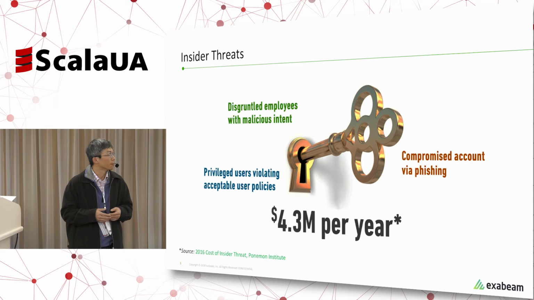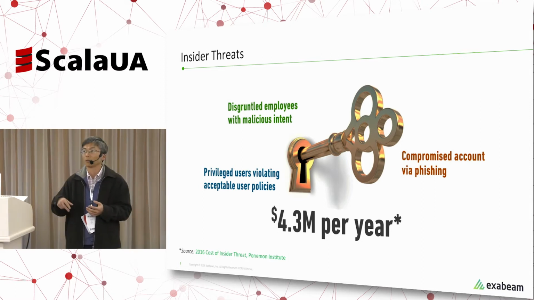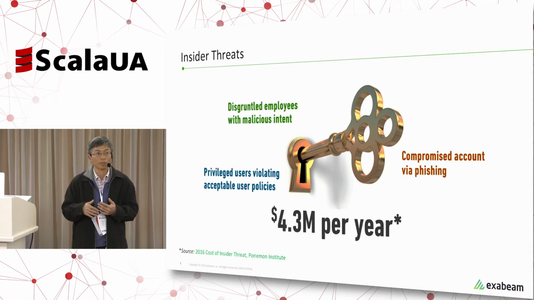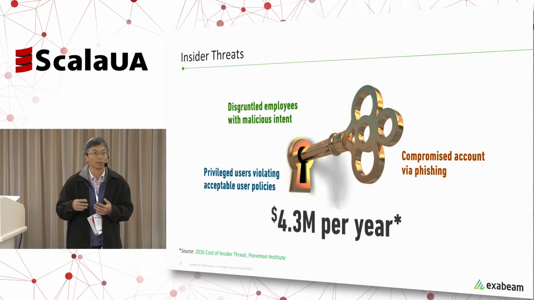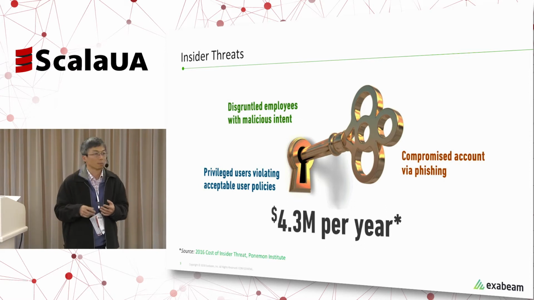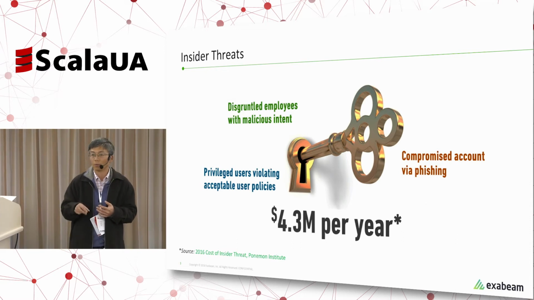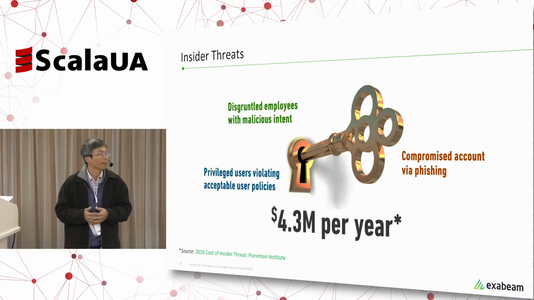The third bucket for insider activities is external adversaries who compromised legitimate user credentials and come in with malicious intent, most likely via phishing activities. Once they get into the network, they can start doing bad things.